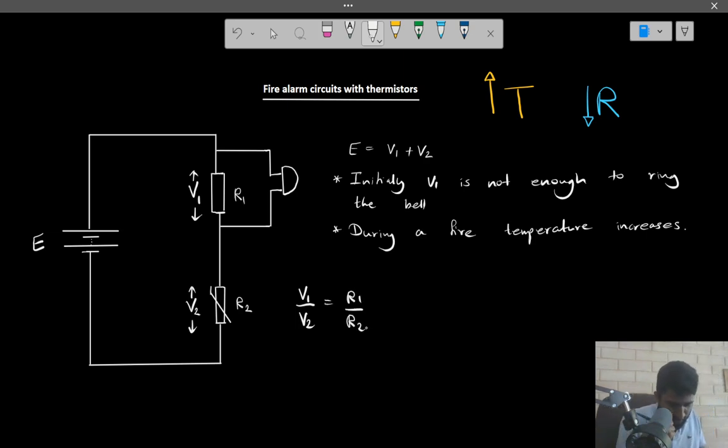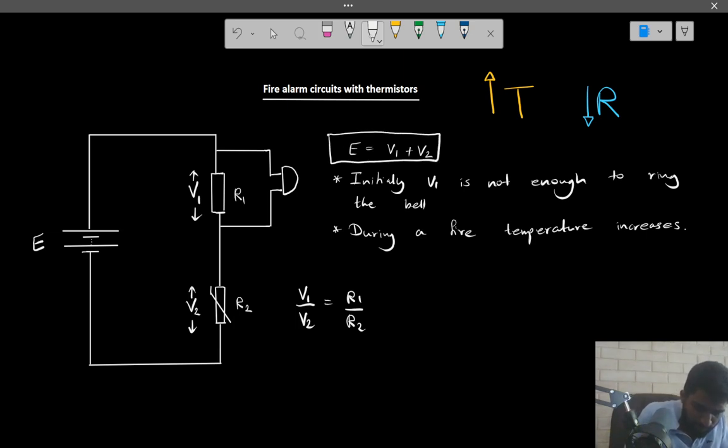You're already familiar with this equation. Just keep this in your mind, we need this one.